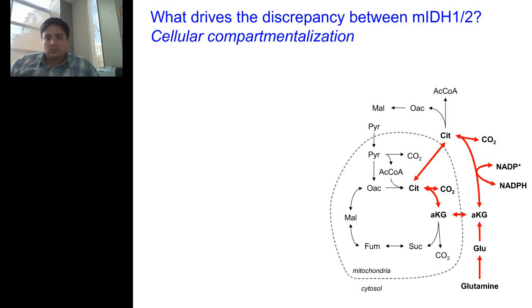So one of the questions that came out of this is, what's driving this discrepancy between IDH1 and IDH2 mutations? And this brings forth a general issue in our analysis and investigations of cell metabolism, and that's cellular compartmentalization.